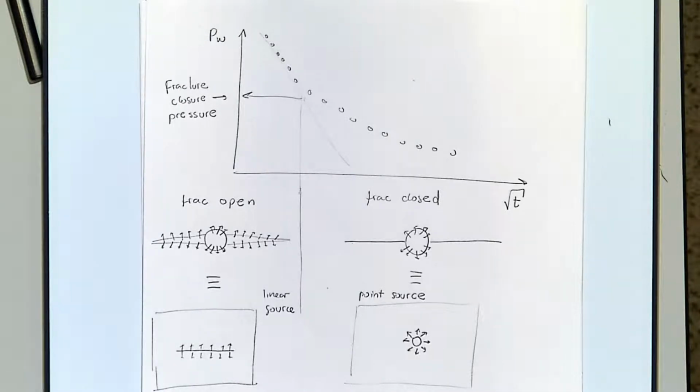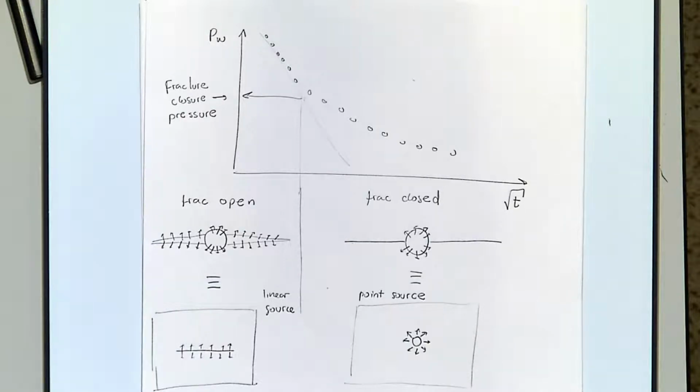In completions, you are also interested in fracture propagation, but this time you want to propagate fractures, and you want to propagate them at the lowest pressure possible and create the maximum surface area possible. And for completion, you also want to measure what is that pressure for propagating fractures.